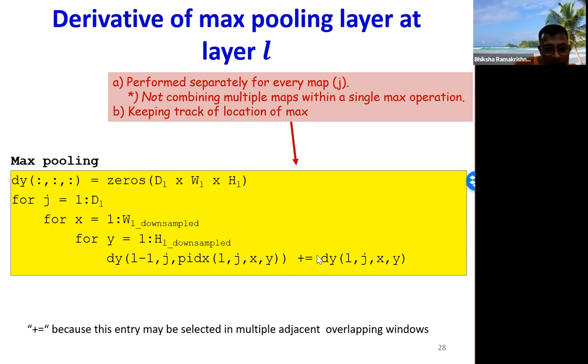This plus equal to is because when you're sliding forward, the same y position might have been the largest value in two or more adjacent windows. If the stride is less than the width of the window, then a single y value could potentially contribute to multiple output positions. So you have to add over all of the positions that it could have contributed to. That's why this is a plus equals.